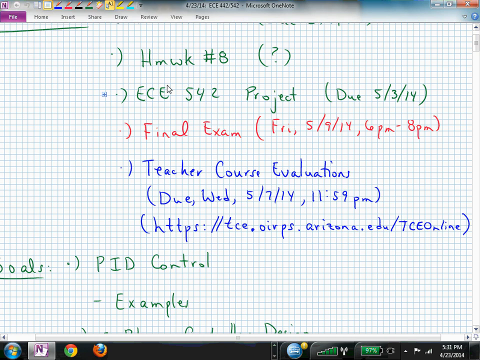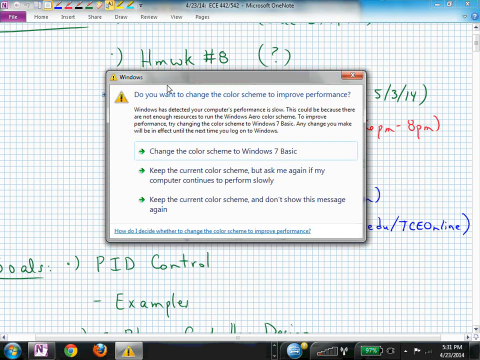It's at 6 o'clock to 8 o'clock. Hopefully they will have the doors unlocked, but now apparently there's only one door that's unlocked, so make sure and check both doors. We won't try to lock you out of the final exam.